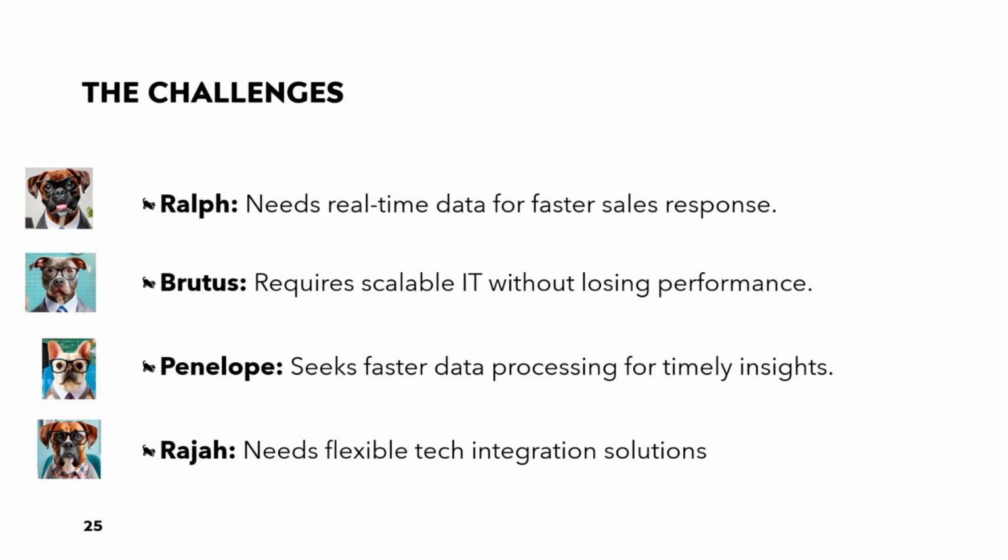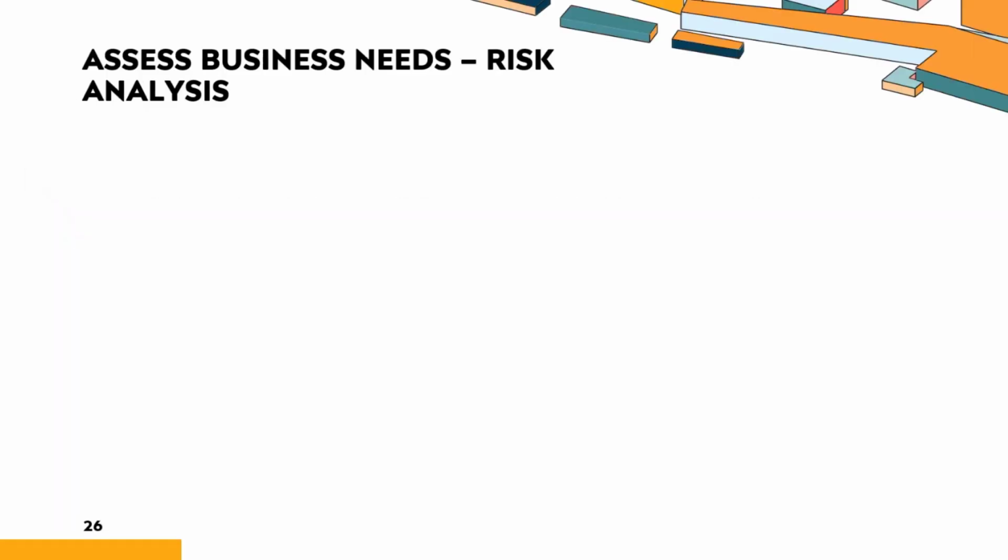Okay? So while we understand our challenges, now we need to assess the business. Right now, we're working with Diamond Dogs. So assess the business, and we need to do a risk analysis. So number one, the first risk analysis is that the business needs real-time access to sales data.